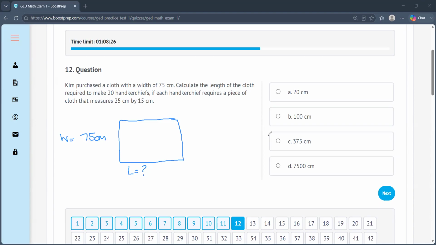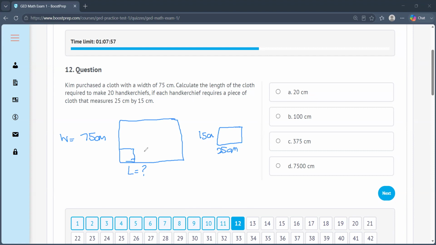But they also tell us that inside this cloth, it's going to be made up of smaller handkerchiefs. And this handkerchief is not a square, it's a rectangle, and it's 25 by 15 centimeters. So imagine this handkerchief inside this cloth, right? We want to know how many handkerchiefs we can make inside this cloth.